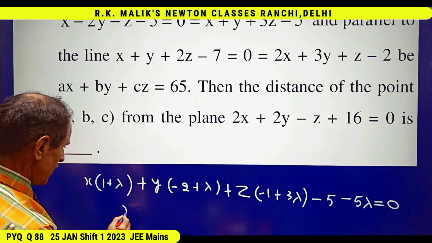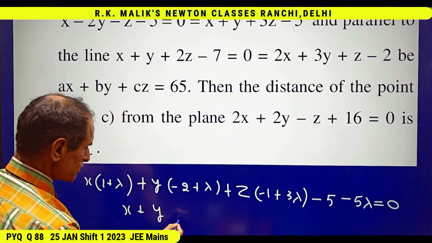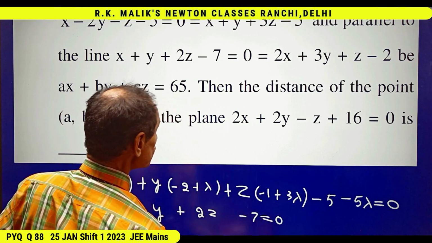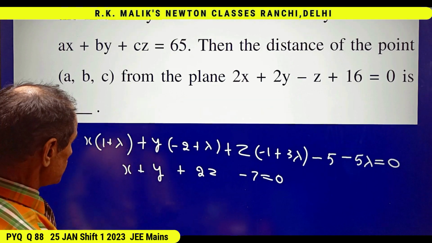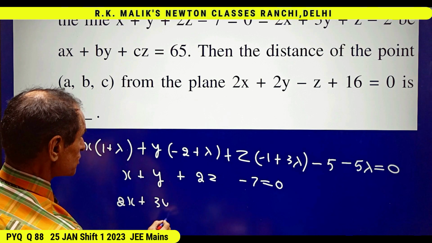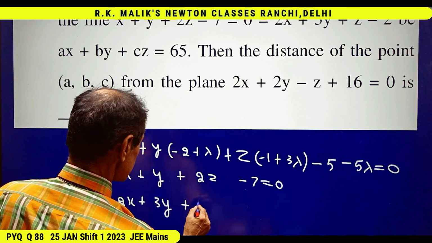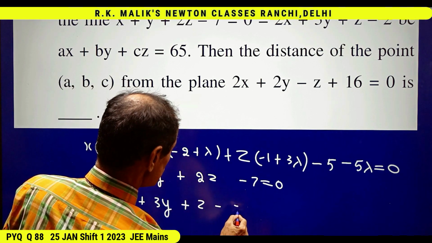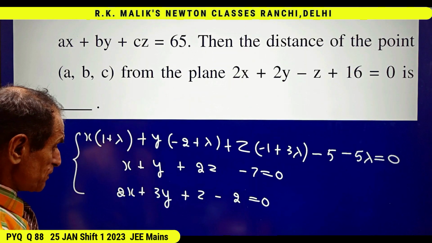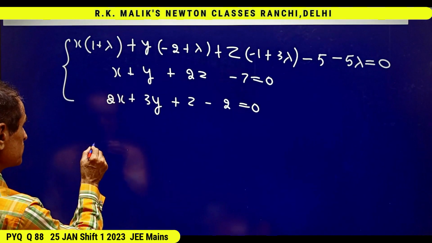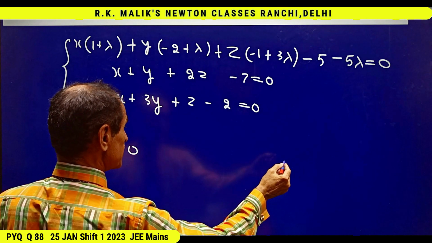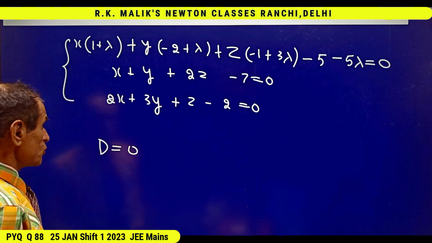Now this plane x plus y plus 2z minus 7 equal to 0, and 2x plus 3y plus z minus 2 equal to 0 are forming a prism. Prism means D is equal to 0 and at least one of D1, D2, D3 is non-zero.